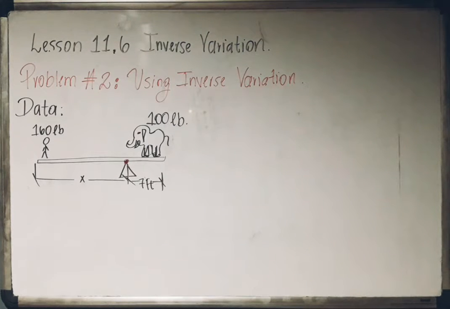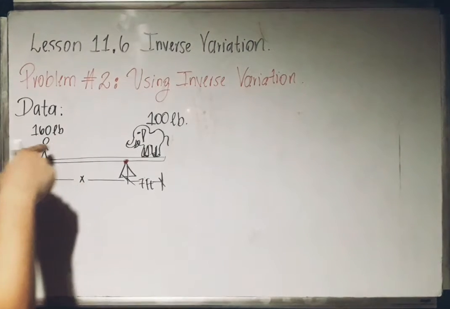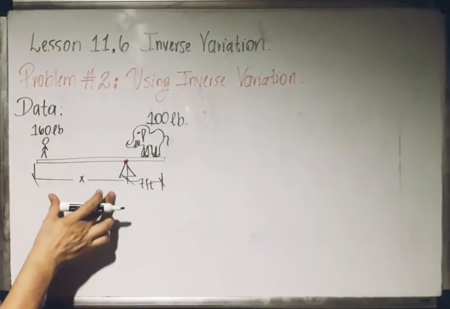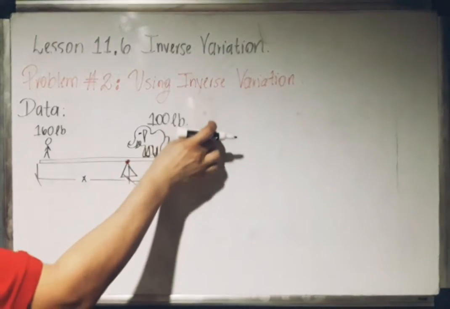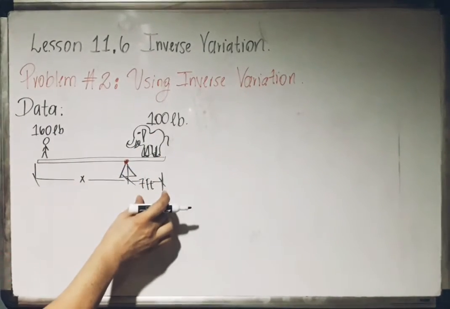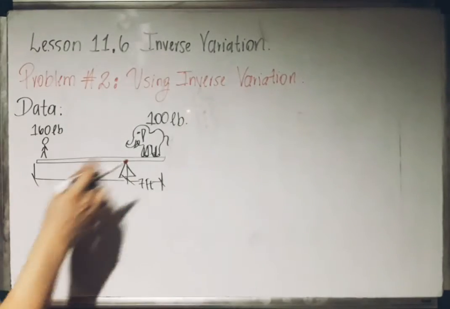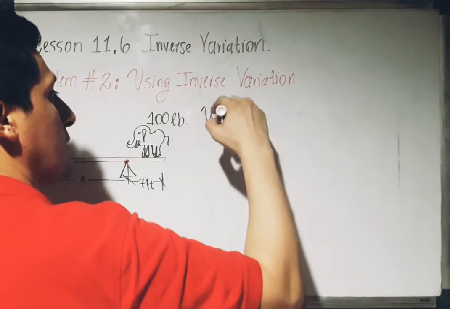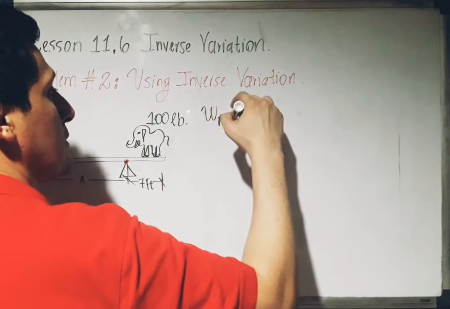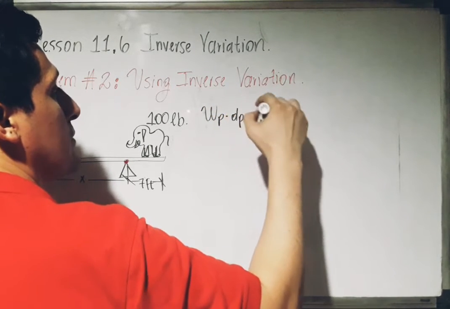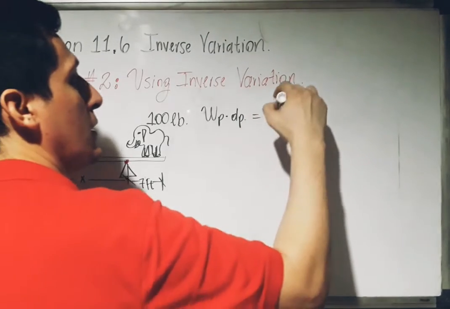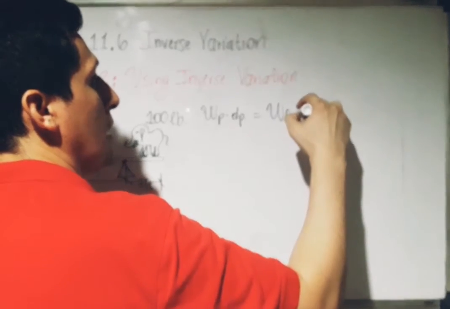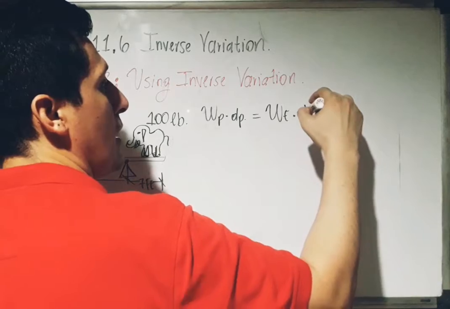If it has to be balanced, you need to know that both have to be equal, right? That means that the weight of the person times the distance has to be equal to the weight of the elephant times the distance of the elephant from the fulcrum. So you have the weight of the person times the distance of the person equals the weight of the elephant times the distance of the elephant.